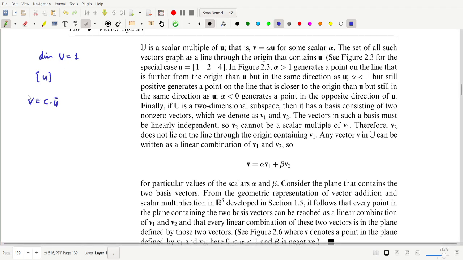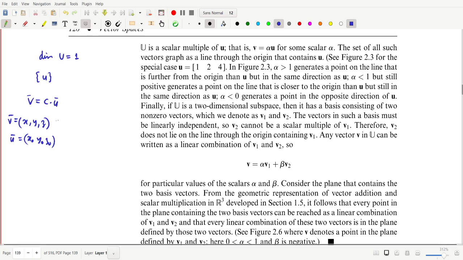Okay, so this is the case if dimension of U is equal to 1, and we can say that the graph of this is a straight line, because if you consider an arbitrary element (x, y, z), this is our V, and u is a fixed element, u equal to (x naught, y naught, z naught), then this equation says that we can write (x, y, z) equal to C times (x naught, y naught, z naught). This is an equation of a straight line. Okay, (x, y, z) belongs to a straight line.